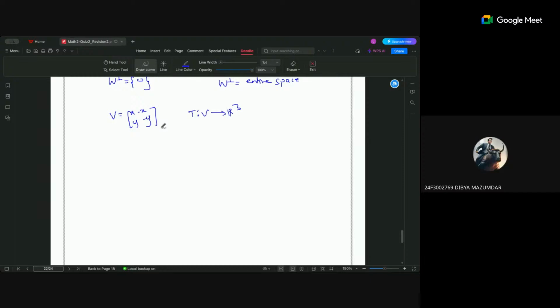Yes, ma'am. Here we can easily say that it is not onto because the dimension of the vector space and R3 isn't the same. It's not equal. Yes. But how can you define it is 1-1? That you have to check depending on the transformation. The transformation is given as T of the matrix will be x comma y comma x plus y.